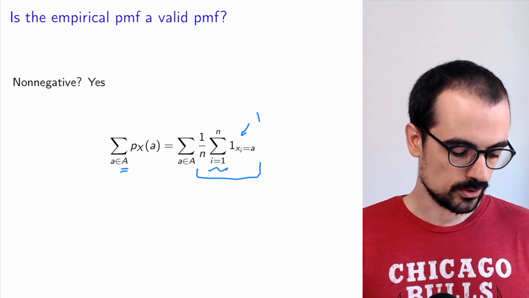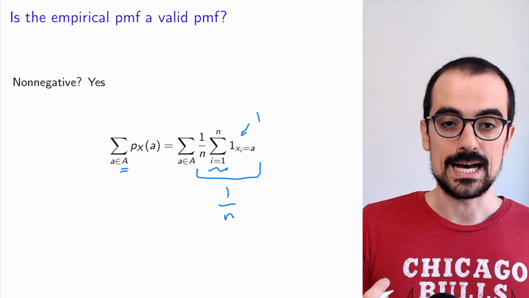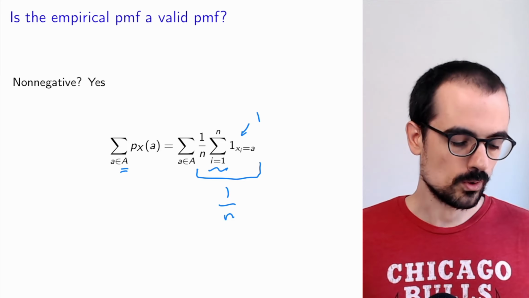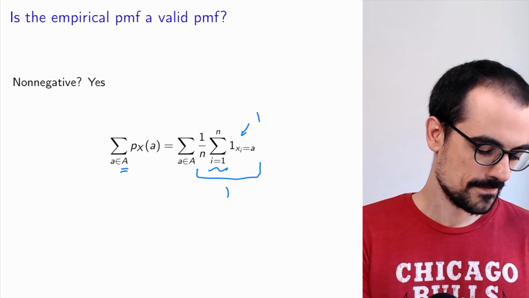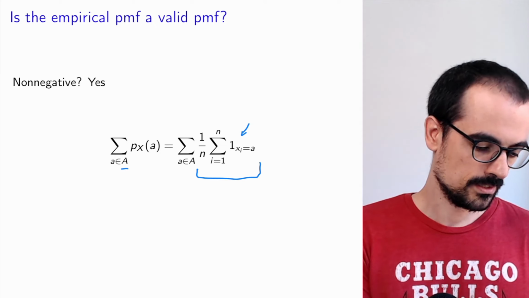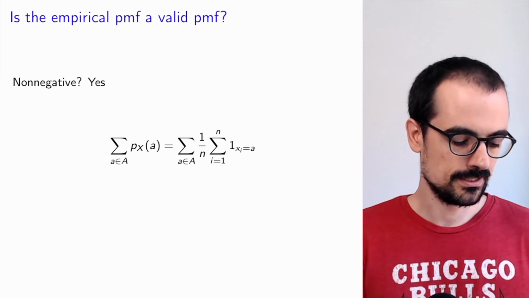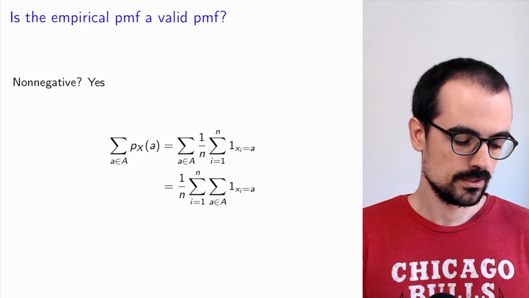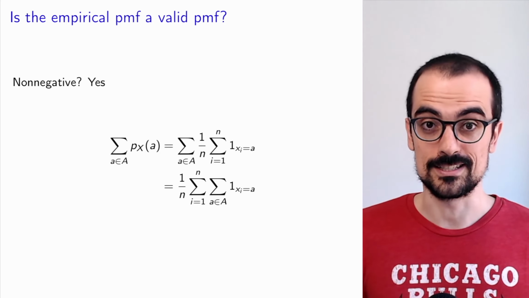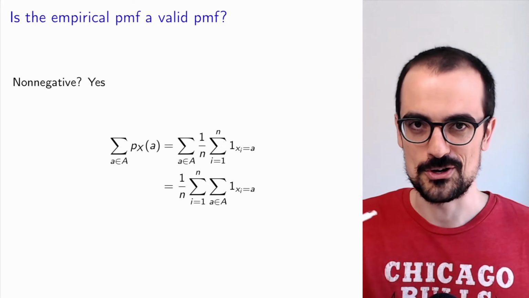Actually, that's kind of funny because that's not true, because I thought we had interchanged the sums. So that's what we need to do. We have to interchange the sums. Otherwise, what I was saying makes no sense at all.